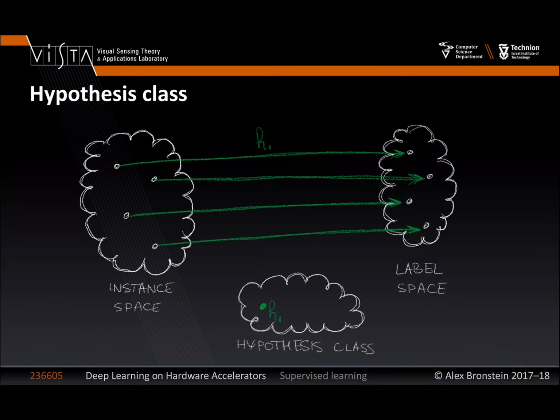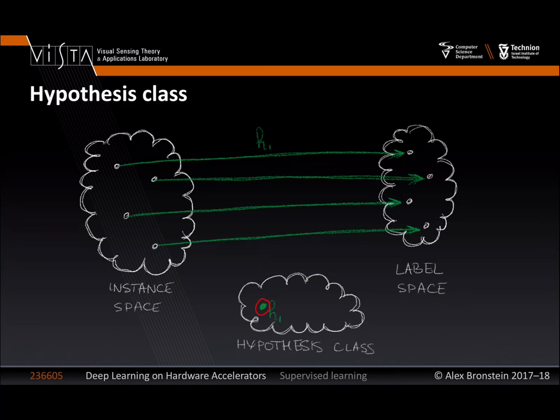So just an example, I have the instance space on the left, the label space on the right, and this is one of the possible hypotheses that maps x to y. Okay? And it corresponds to a point in the hypothesis class. Let's call it h1.